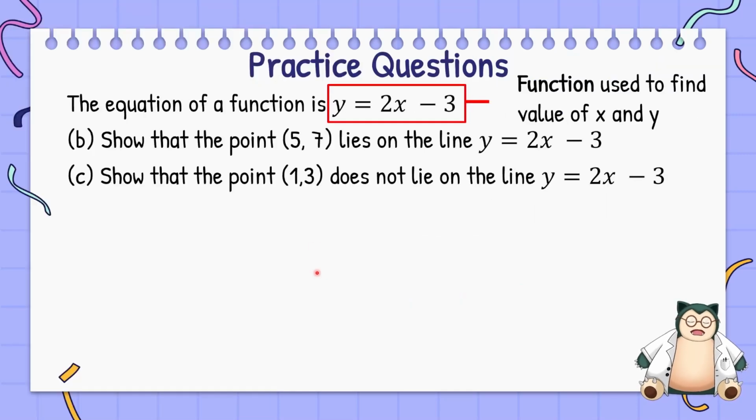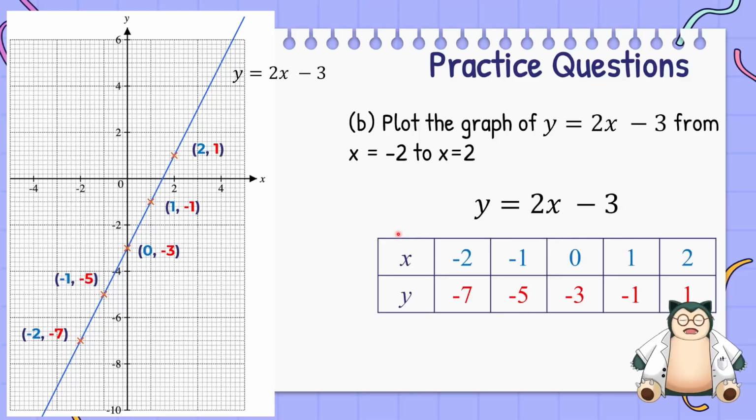Okay, next. This is also a typical question that can come out for this chapter. The equation of a function is y = 2x - 3, which is what we did just now. Part B asks you to show that the point (5, 7) lies on the line y = 2x - 3. Now, if we were to go back to our previous graph, we cannot find the value of x = 5.